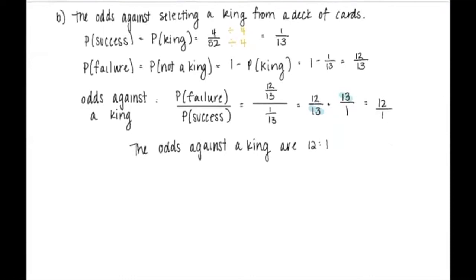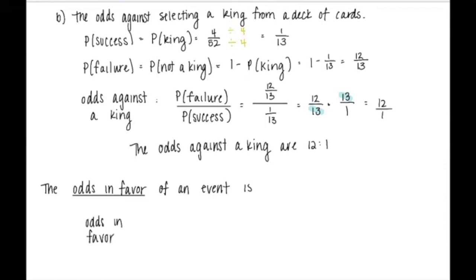Now the odds in favor is super simple. Flip it. So the odds in favor of an event is as follows. This is going to be success in the numerator and failure in the denominator.